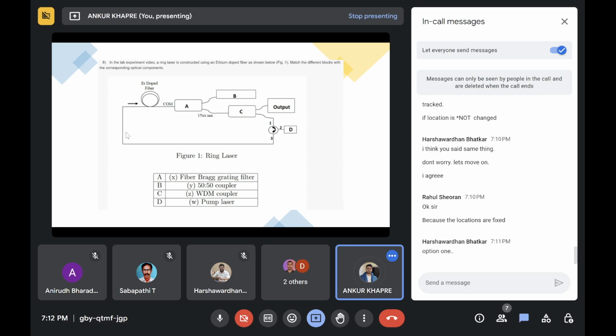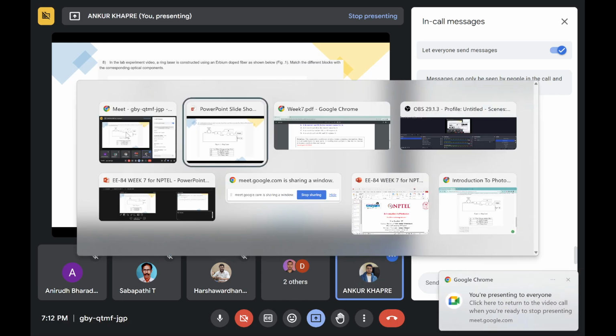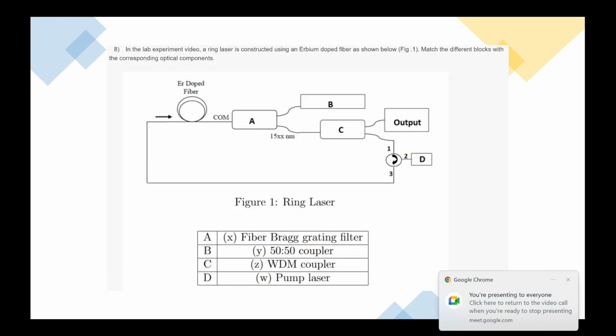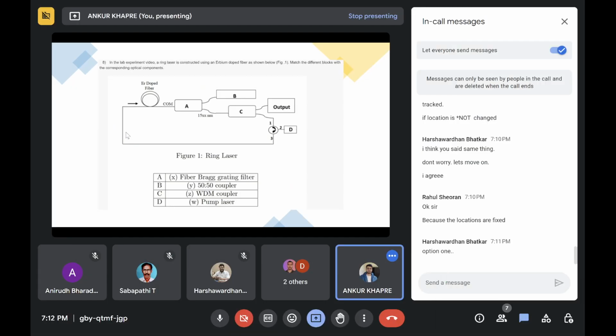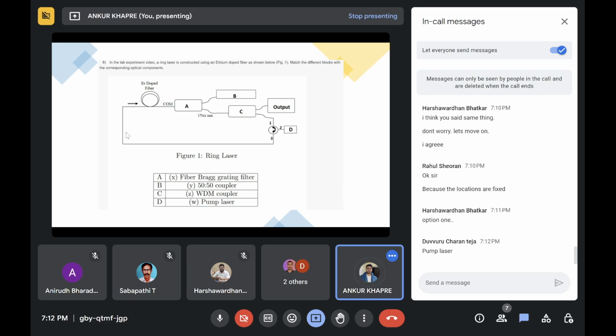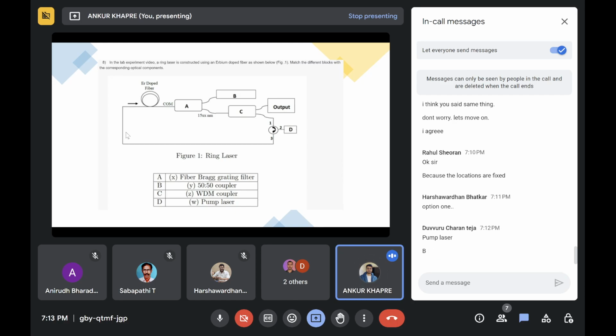Can you guys give a hint? Anirudh? Dhruv is there. Pump laser. B is, or A you are telling? Dhruv, is it B or A? Okay, B. Yeah, it's correct.